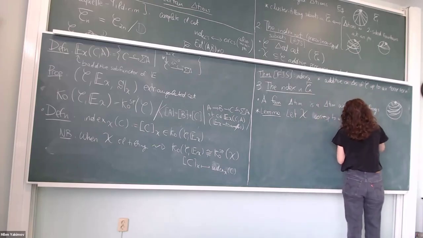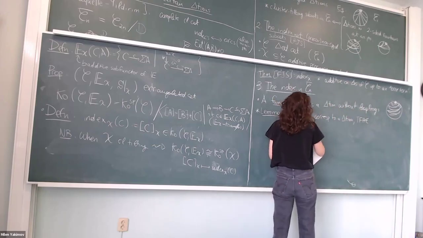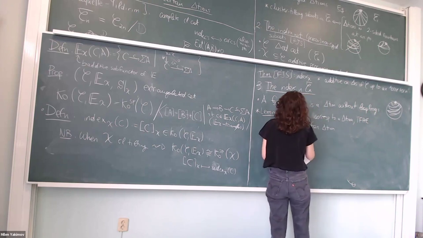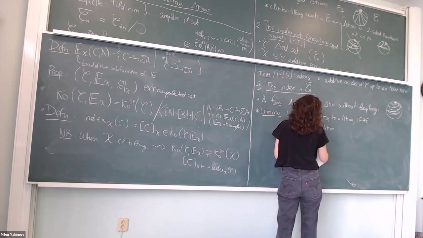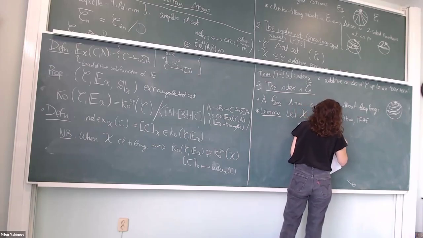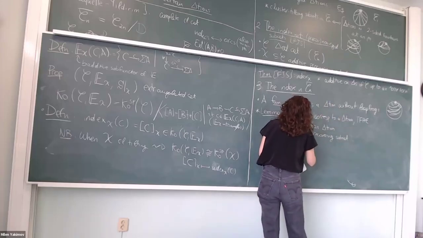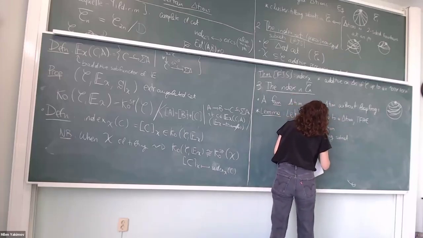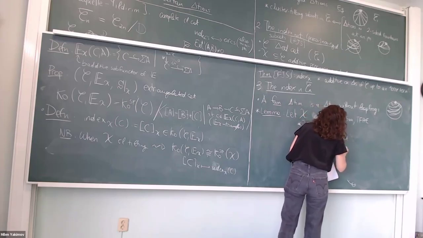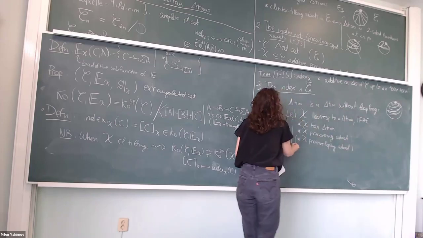Then the following are equivalent: X is a fan triangulation; X is a pre-covering subcategory; and actually also X is pre-enveloping, which we don't particularly care about in this talk, but it's also true, which is quite nice.